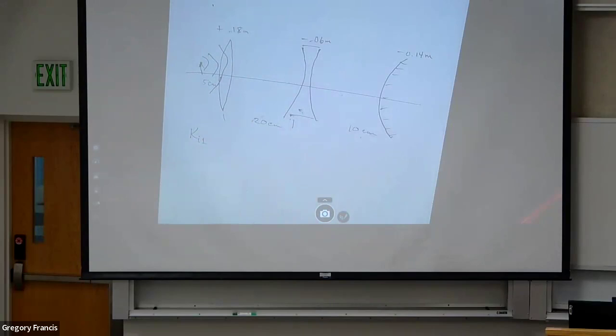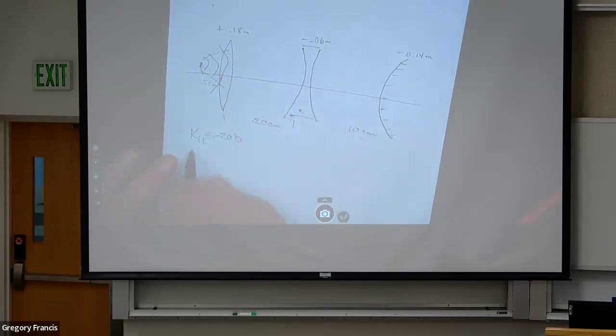That looks like it's part of a circle that has radius of 5 centimeters. And so I would put in 1 over 0.05, and that's going to be equal to 20 diopters, positive or negative? Negative, it's spreading out.